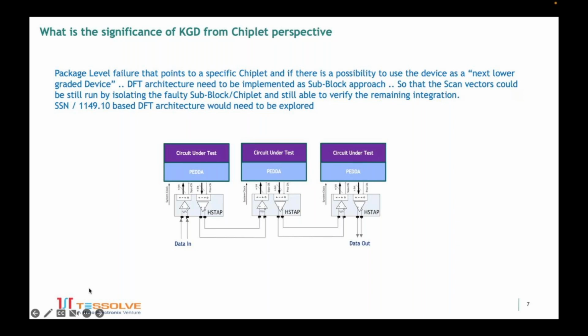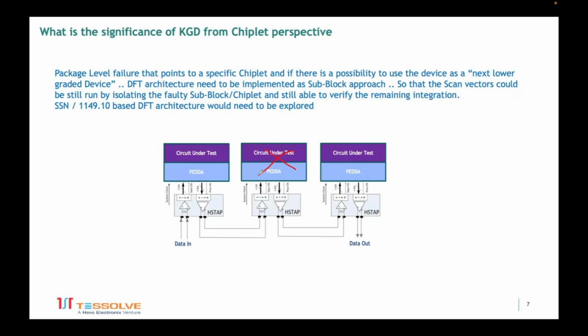In this case, we are saying that there is a circuit under test. We can consider this as 3 chiplets, for example, and we did a DFT architecture. If there are multiple chiplets, we should think of the DFT architecture also in a sub-block approach, in a way that, for example, if one of these dies goes bad, how does the DFT architecture still permit testing, excluding this particular failure, and able to communicate to the other chiplets to make sure they test.